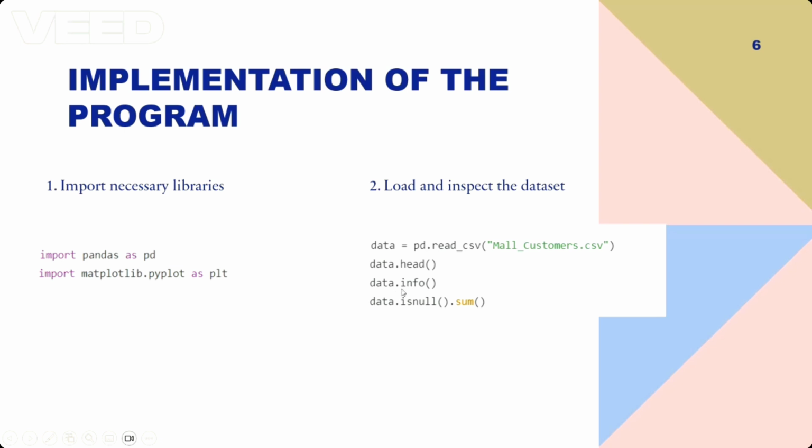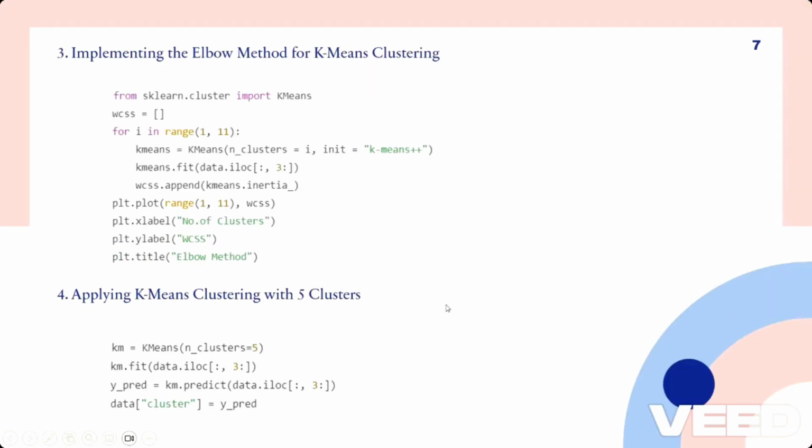And the data.info function provides a summary of the dataset, including the number of entries, column names, data types, and null counts. And then data.isnull().sum() function checks for missing values in the dataset by summing up the null values for each column.